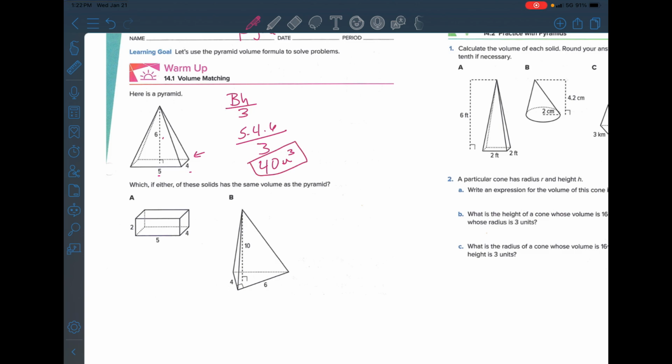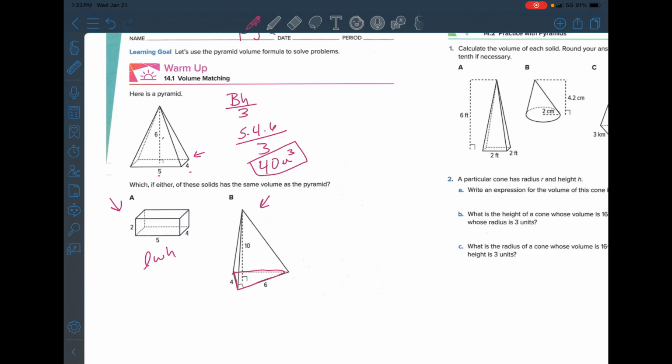Now, I need you to find the volume of this and the volume of that, and see which one matches, if any of them does. This is a prism, so on A you're just doing length times width times height. Actually do it. Don't just write length times width times height. Do this problem. And then this is a right triangular pyramid.